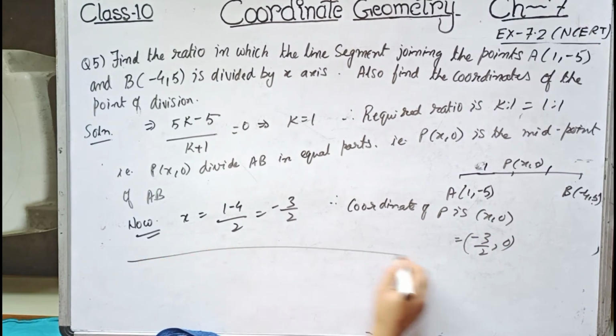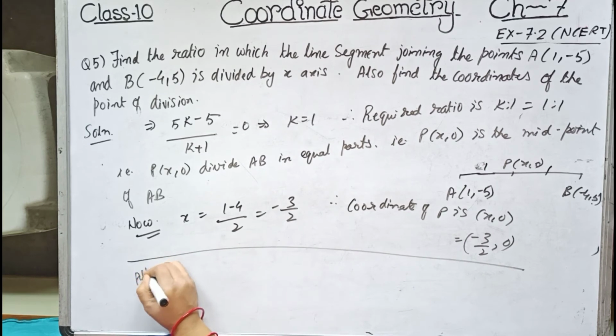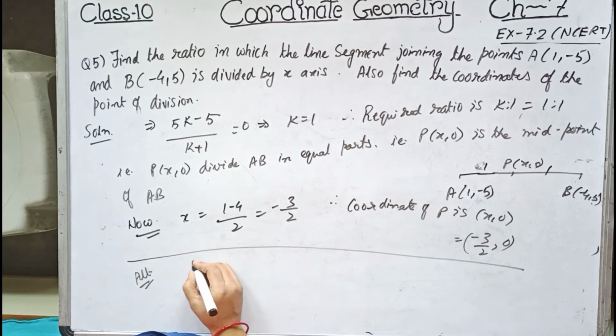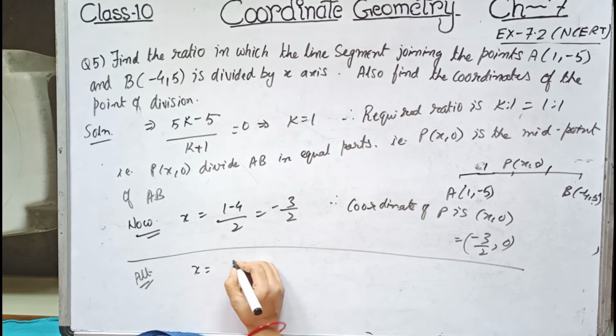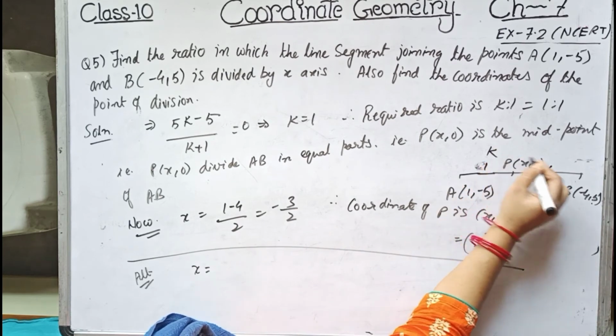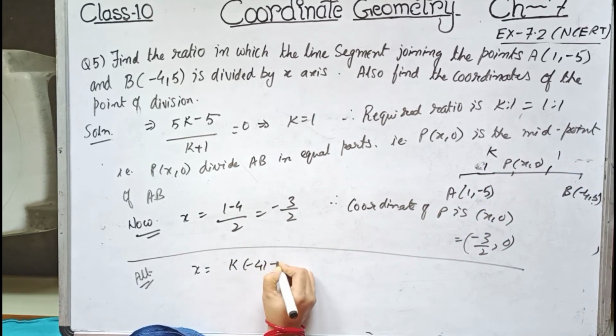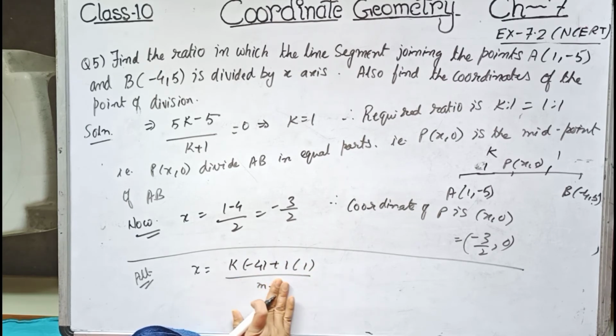Now one alternate I am also writing for this. We can also write x equals, by using the section formula, where it was k and 1, (m x2 plus n x1) by (m plus n), that is k plus 1.